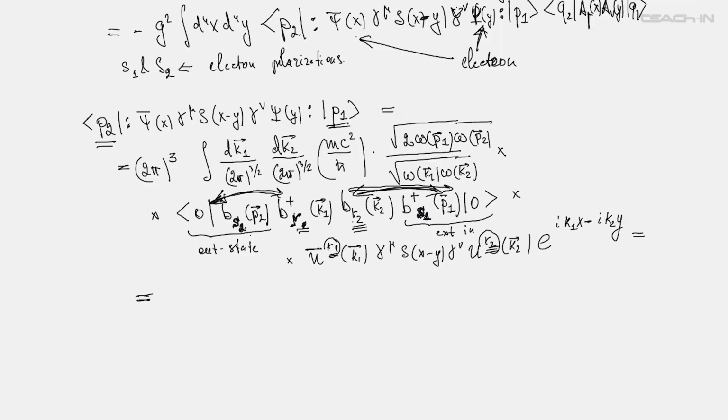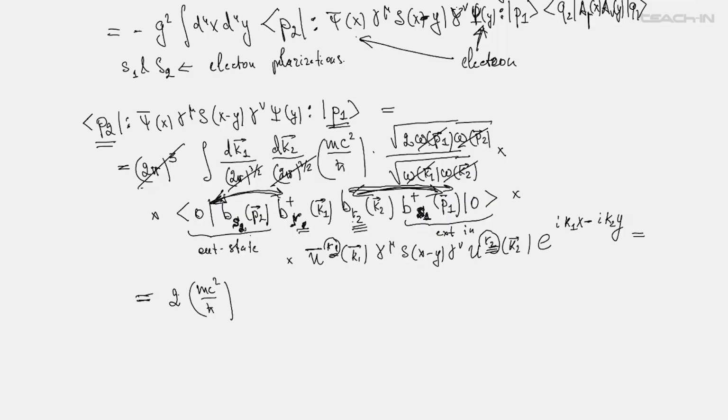There will be a factor of 2 coming out, mc squared over h bar. And then you see omegas will cancel, because now K1 and K2 will be replaced by external momenta, P2 and P1. And so omegas will go away. And what then will be left over?